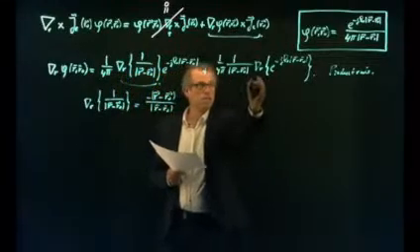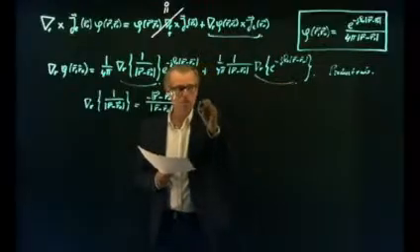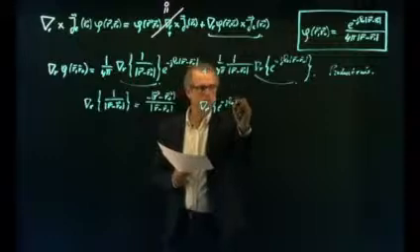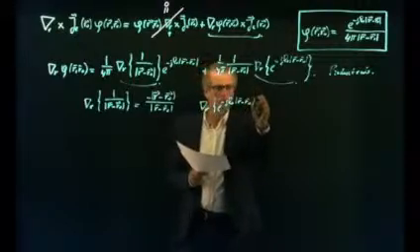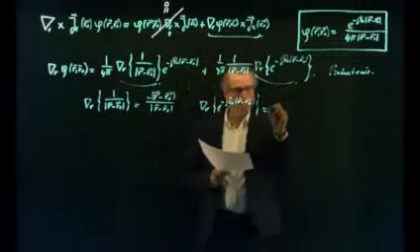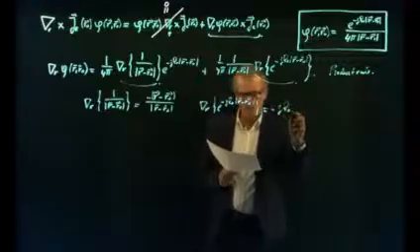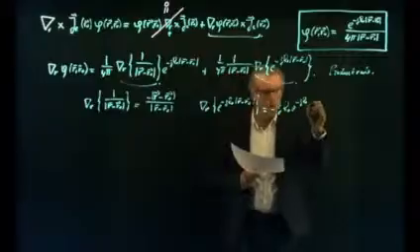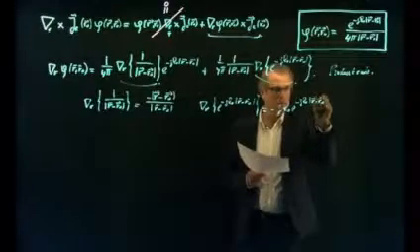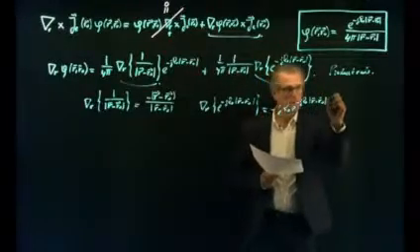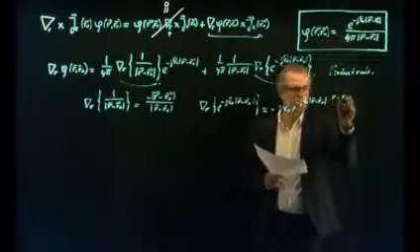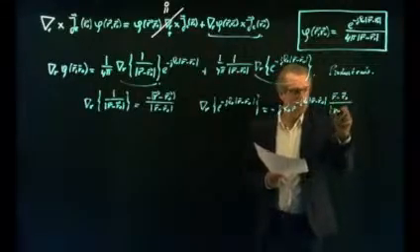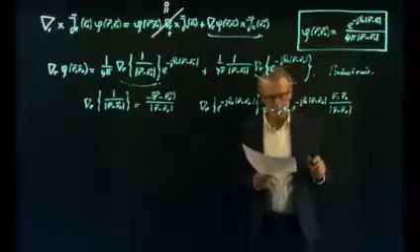And the second term, the second derivative, I should say, that we need to work out, this one, of the exponential, that appears to be equal to minus j k naught, r minus r naught, and then again this term, divided by the absolute value of r minus r naught.